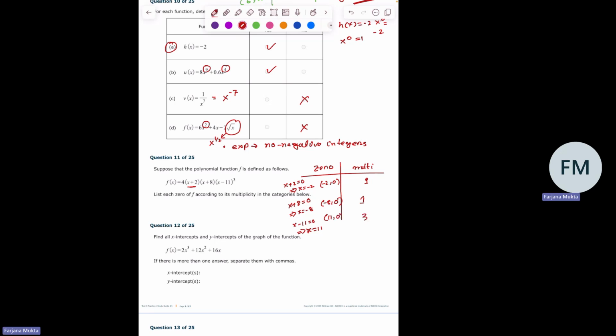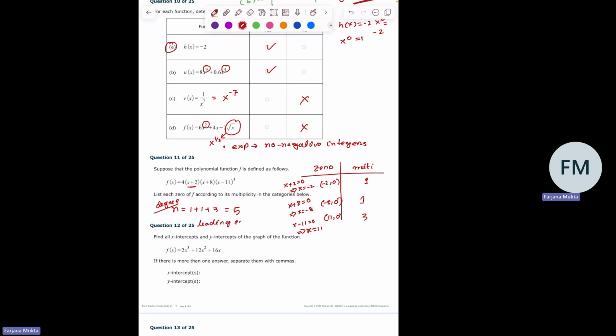Question, what is the degree of this polynomial? We add all the exponents of all the factors, right? So the degree of the polynomial is 1 plus 1 plus 3, which is 5. Okay, leading coefficient.